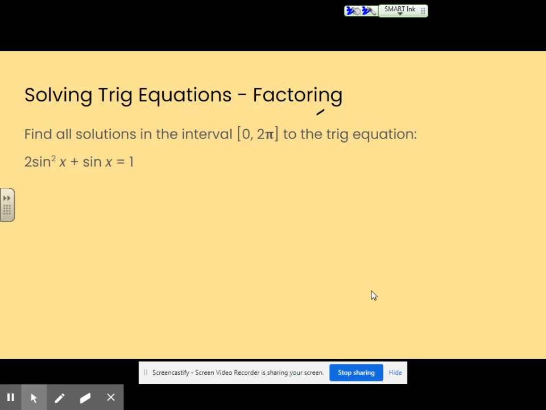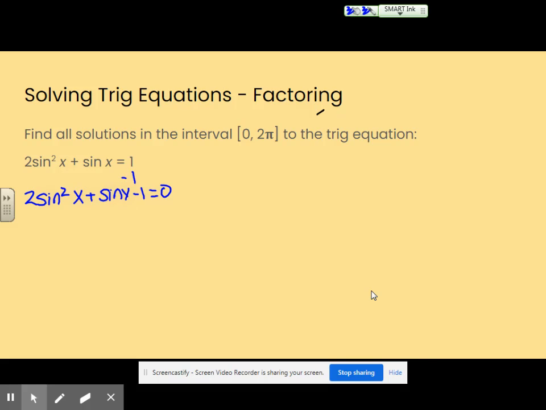So just like before, when we would solve equations, I know that it can be really helpful to have one side set equal to 0. So I'm going to subtract 1 from both sides. So I get 2 sine squared x plus sine x minus 1 equals 0.